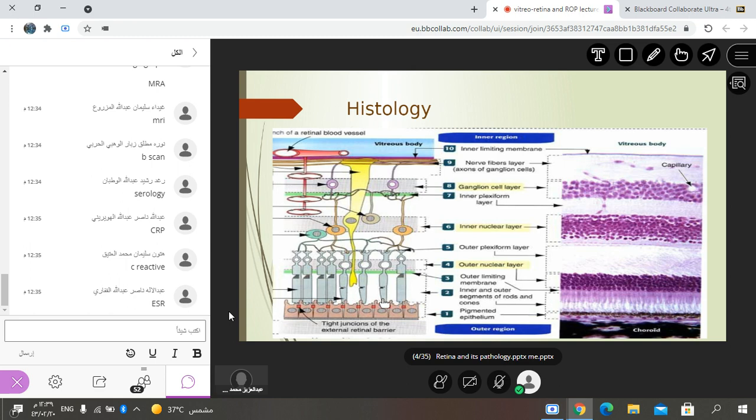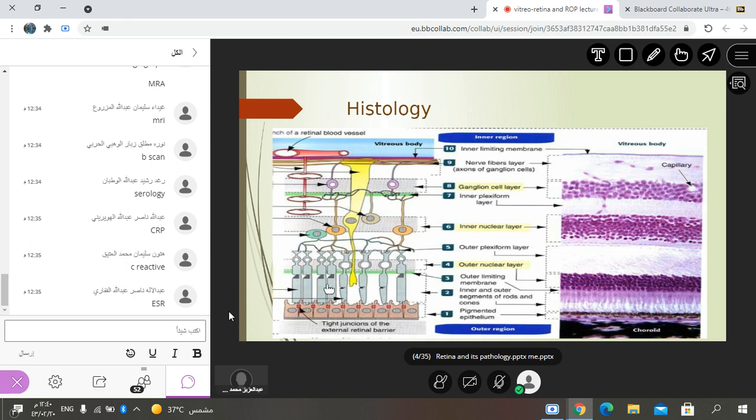It is a potential space, like the pleural potential space, whatever potential space is present in the body. Here it is a potential space. There are some mechanisms holding the neural tissue to the underlying retinal pigment epithelium, but none of them are tight junctions. And that's why, by definition, retinal detachment is detachment of the neurosensory retina from the underlying retinal pigment epithelium by three main conditions.